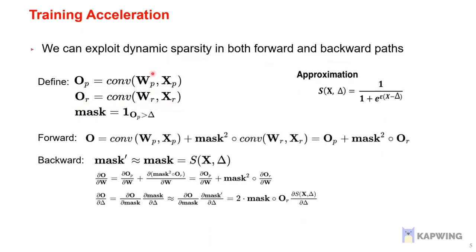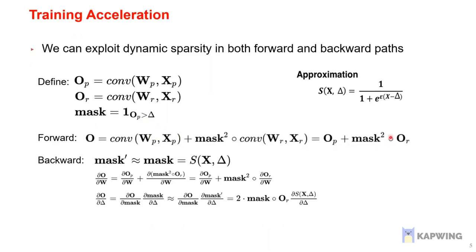Note that the weights are the same in both phases. The mask is a binary tensor. We only have a 1 when the partial sum in the prediction phase is larger than the threshold. The forward path can therefore be written as the prediction phase combined with some sampled compute in the update phase.